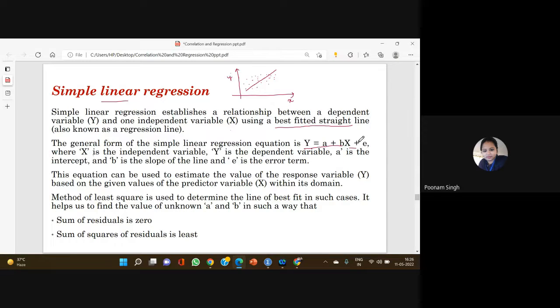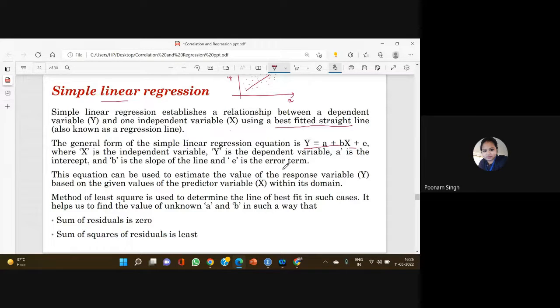Okay, and e is the error. So we use this equation to estimate the value of this response variable, that is y, by using the predictor variable, that is x.